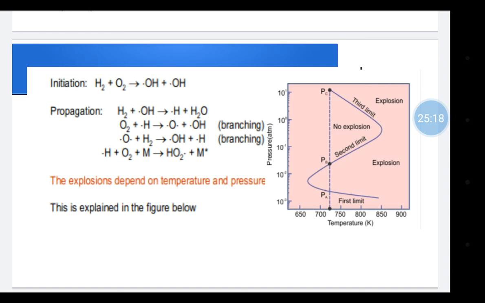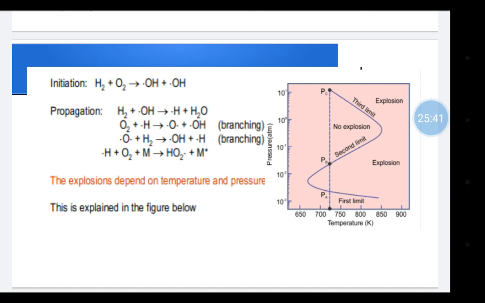This is again another propagation step. There are two branching steps in the propagation. Propagation involves so many steps, but these four are enough to explain the explosion in this hydrogen oxygen reaction.